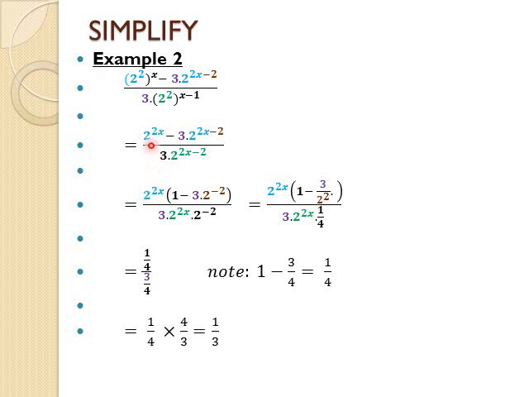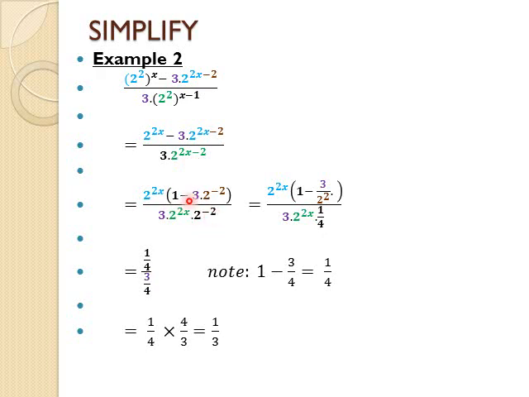Anything divided by itself, 2 to the power 2x divided by 2 to the power 2x gives me 1. The negative sign I keep. If I take out 2 to the power 2x, I'm still left with 2 to the power negative 2, and the 3 simply stays. At the bottom, if I split, it's 2 to the power 2x times 2 to the negative 2.